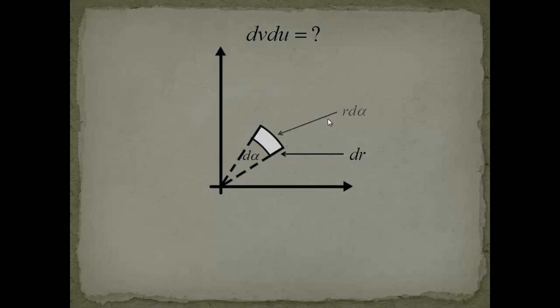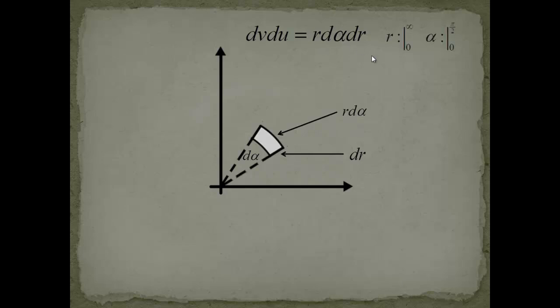Okay, so we get this arc length to be r d alpha. Now, as we assume this area to be infinitesimally small, we can say that this is actually a rectangle, and in order to find dv du, this area, we can write r d alpha dr. So this is what we write in here. So dv du, if we do the substitution, we get r d alpha dr.